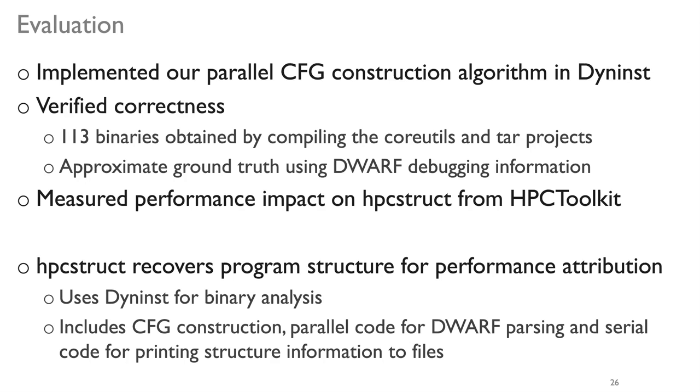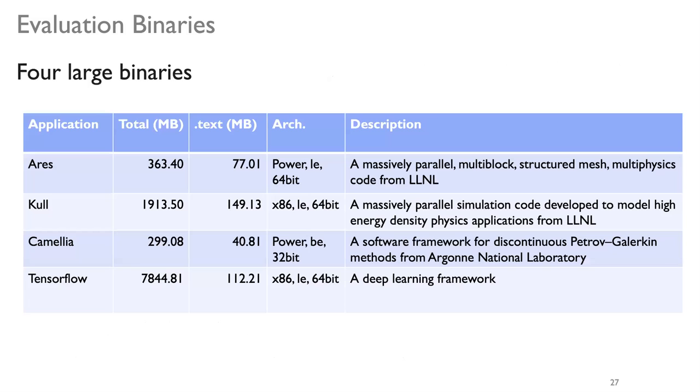We measured the performance using HPCStruct from the HPCToolkit. HPCStruct recovers program structure from binary code for performance attribution. It uses Dyninst for binary analysis. HPCStruct includes CFG construction, parallel code for DWARF parsing, and some serial code for printing structural information to files.